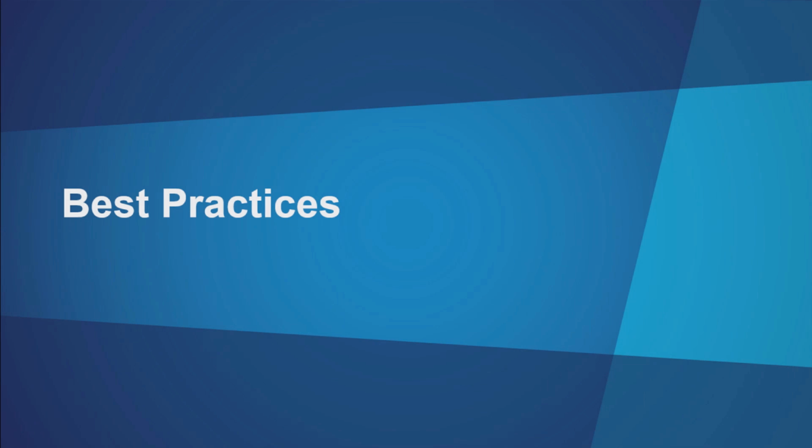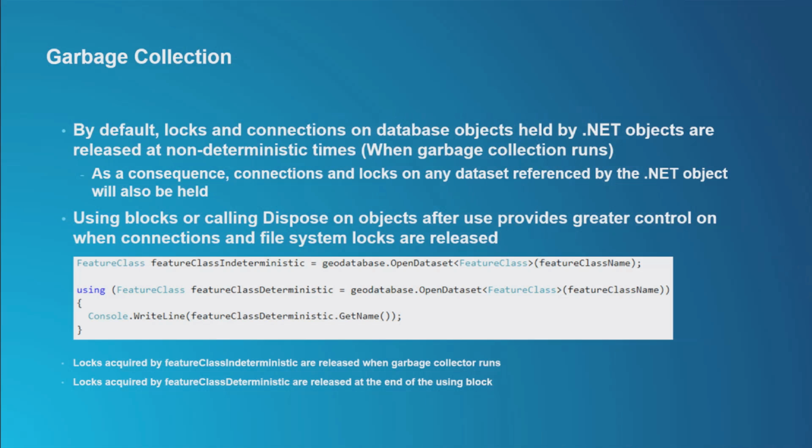Let's start. So now I'd like to discuss some of the best practices that you should be aware of when using this API. Even though there are many classes in this API that consume native geodatabase resources, as a third-party developer, you don't have to be concerned with objects not being disposed of properly, because C# is a managed language.